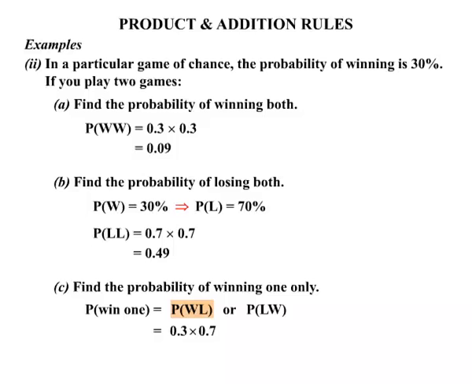So as a decimal, we multiply the 0.3 times the 0.7. Now the word or suggests we're going to add. And the probability of losing then winning will be 0.7 times 0.3. 70% times the 30%. And finally, when we calculate that, it works out to be 0.42.